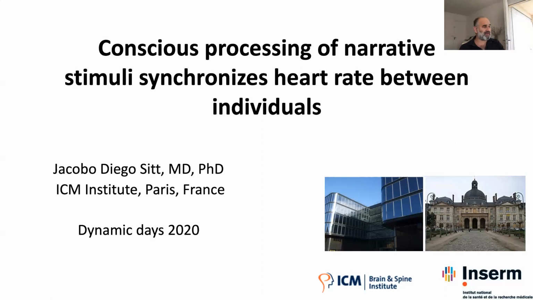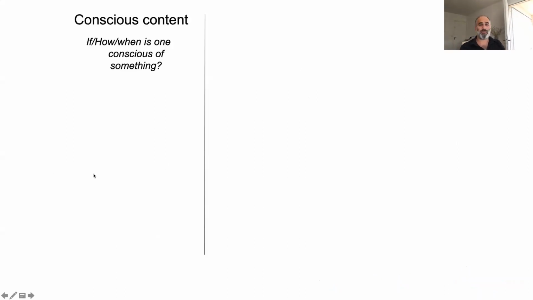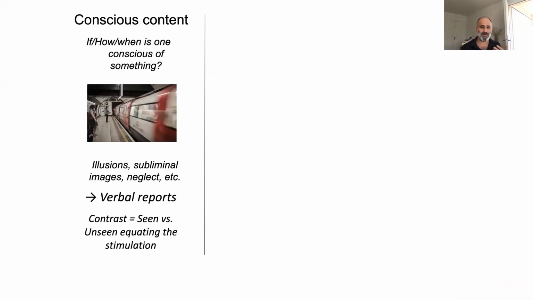So basically, let's go here. When I talk about consciousness, because this is a difficult word in terms of definitions, most people tend to work on what we call conscious content, which is basically being able to understand what's going on in your mind, in your brain, when you're aware of something in particular and you can report that.